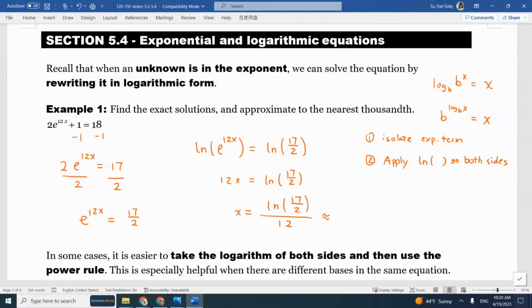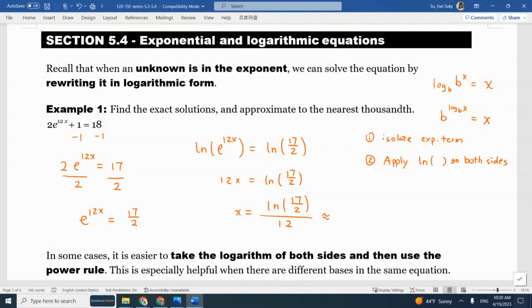Okay. Diana, do you have your calculator? No. Haley, do you have a calculator? Everybody plug this in your calculator. Oh, your phone also works. You know your phone, you put it horizontal, it has the ln. So what is the ln of 17 over 2, and then divided by 12?